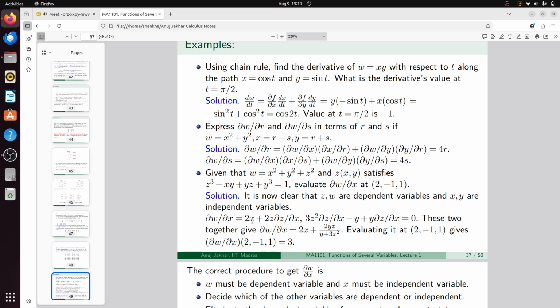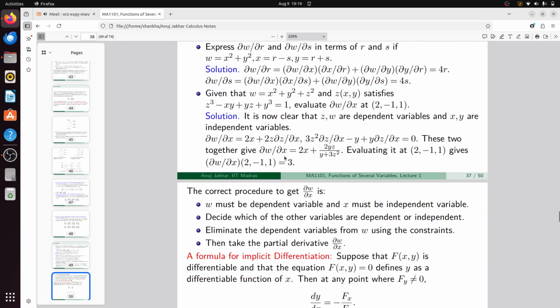If you take del w del s, just using the chain rule. I have already uploaded the notes, so I am not wasting much time here.